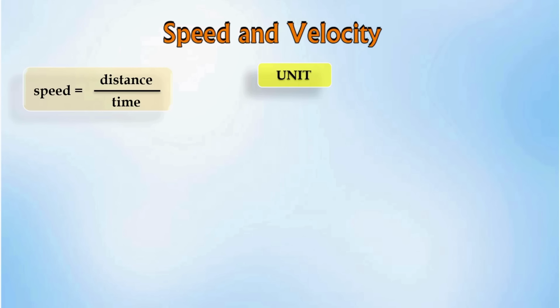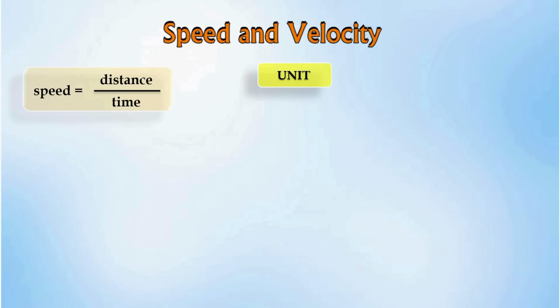Speed and velocity units. Now let us look at the units of speed and velocity. We know that speed is given by the formula: speed equals distance divided by time. Since speed is distance per unit time, its unit depends on the unit of distance and the unit of time we use.